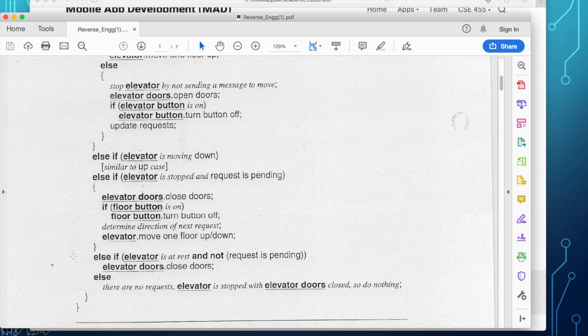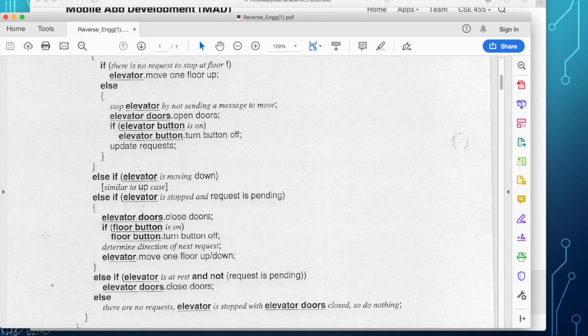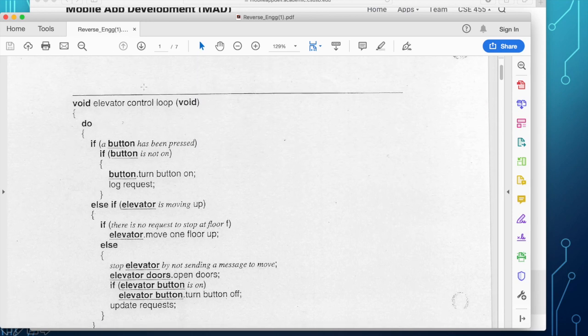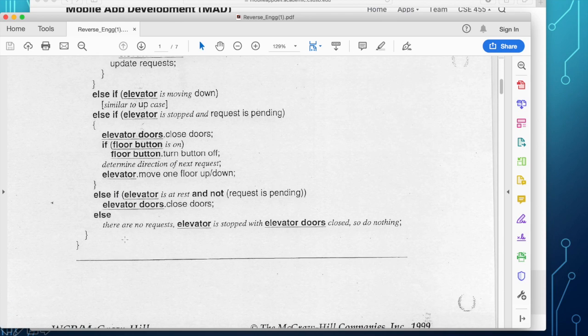And as you see here, we follow the constructs of the language, like if, then, else, for loops, the begin and end of a program we represent as open brace and then close brace over here.